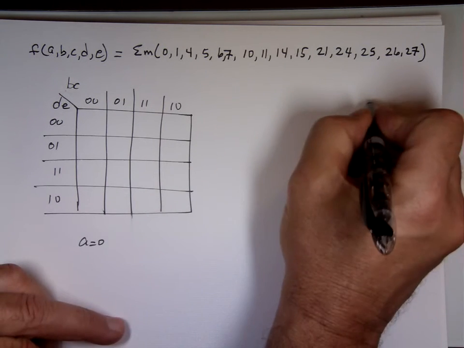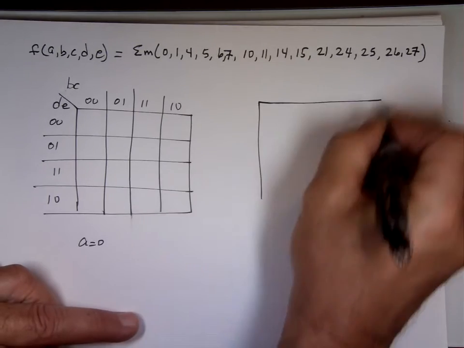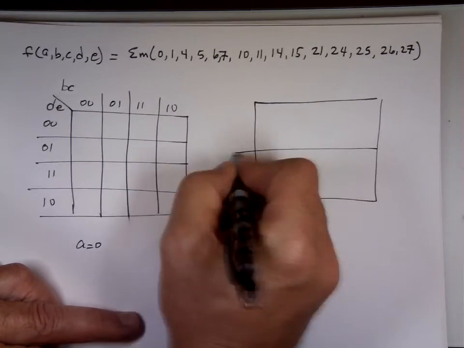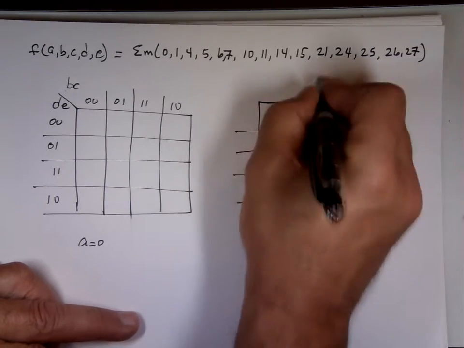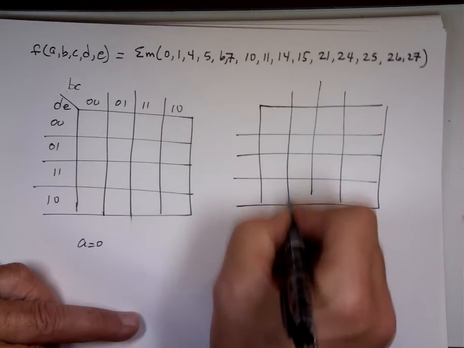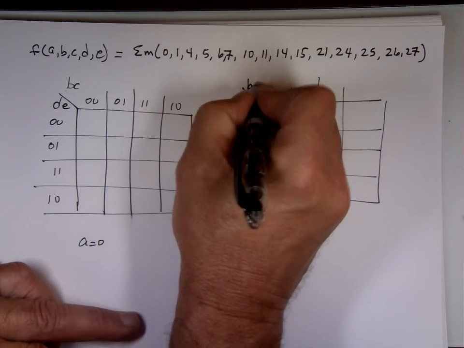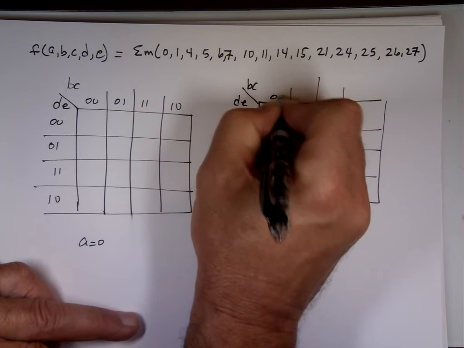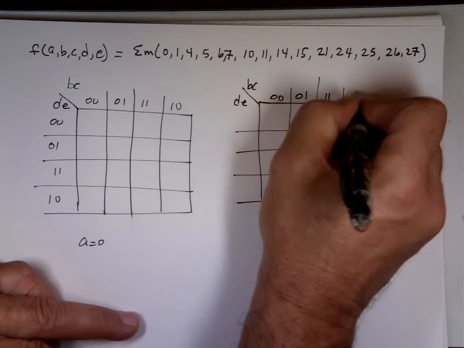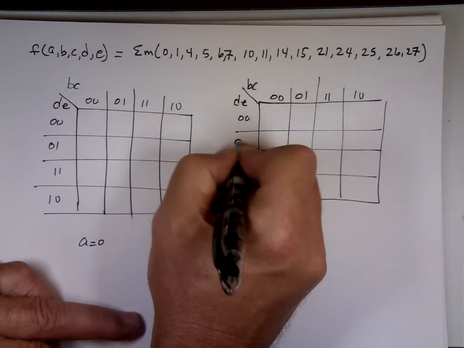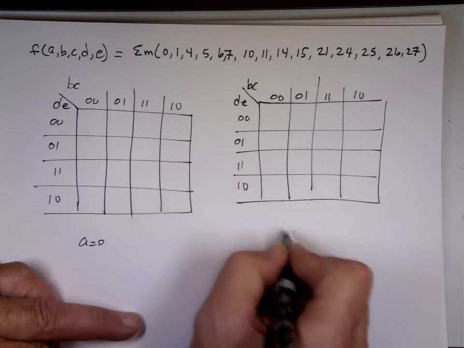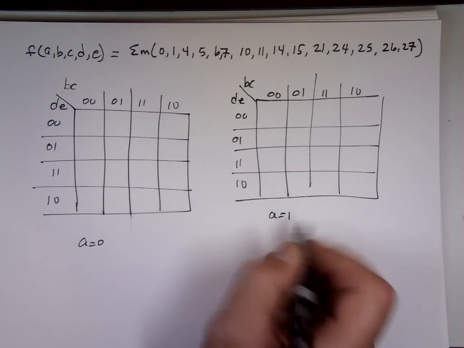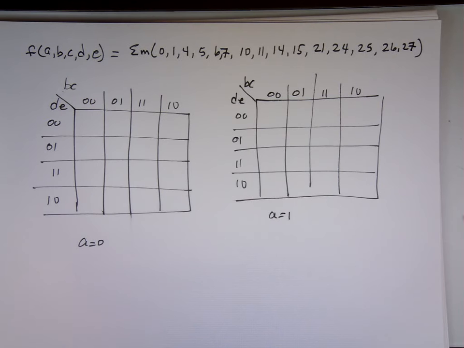And the other one, B, C, D, E. This is when A equals 1. Quickly, I'll put the numbers.